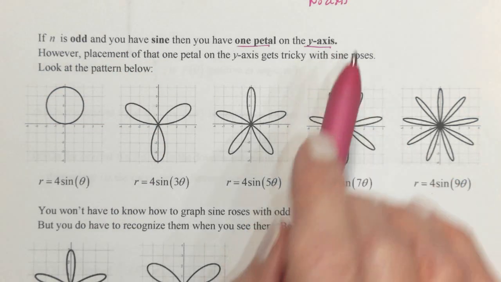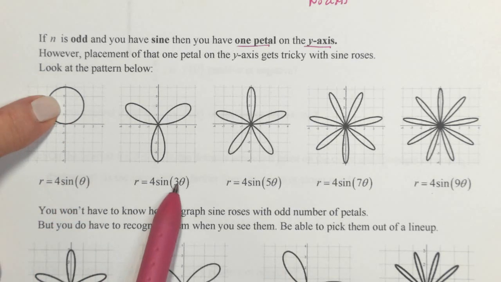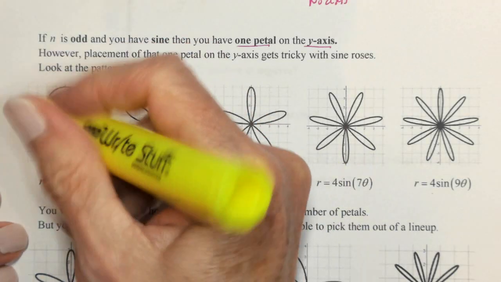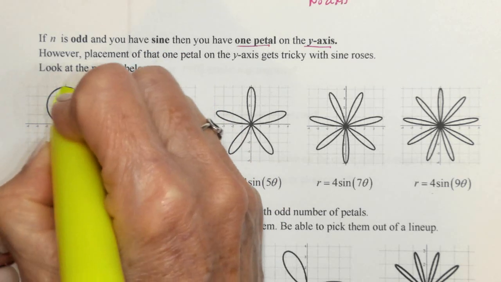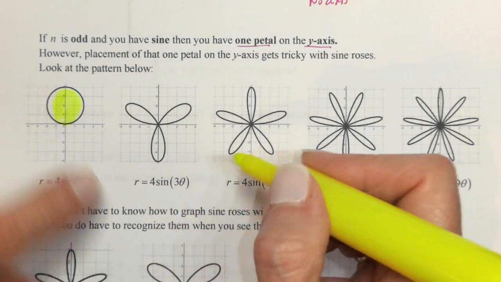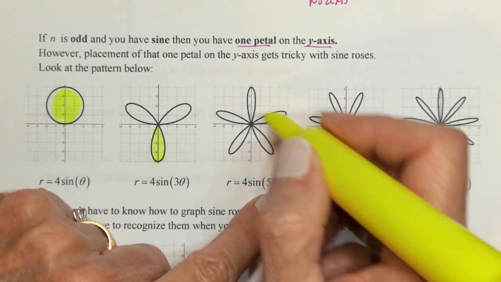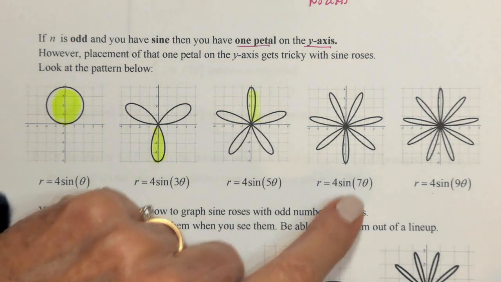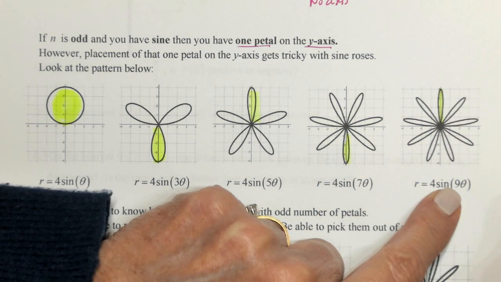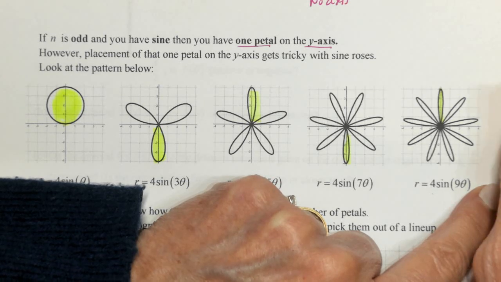I will say, this is when the theta coefficient is 1. This is when the theta coefficient is 3. So when the theta coefficient is 1, when you have one petal, you have a petal on the positive y-axis. 3 petals, negative y-axis. 5 petals, positive y-axis. 7 petals, negative y-axis. 9 petals, positive y-axis. 11 petals, negative y-axis. 13 petals, positive y-axis.